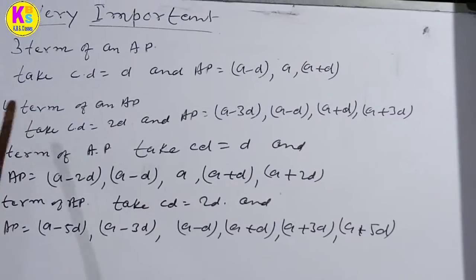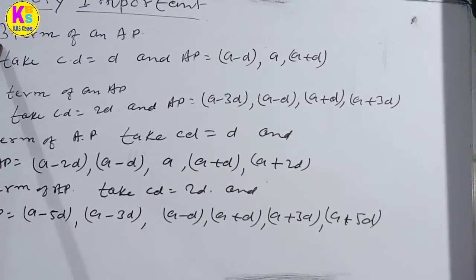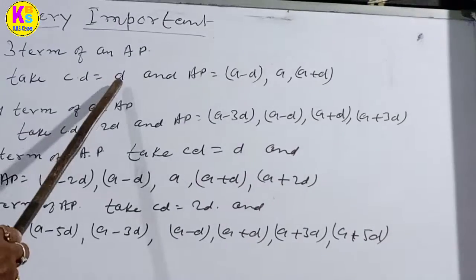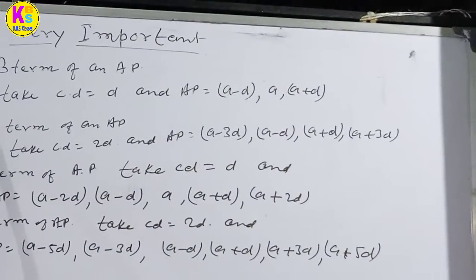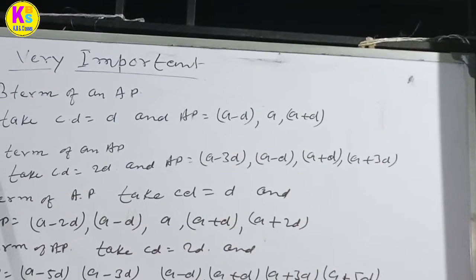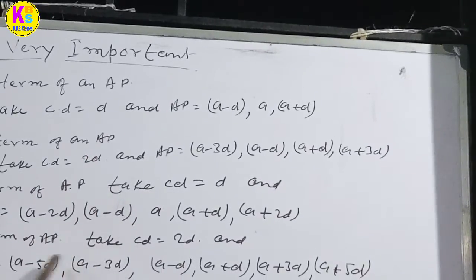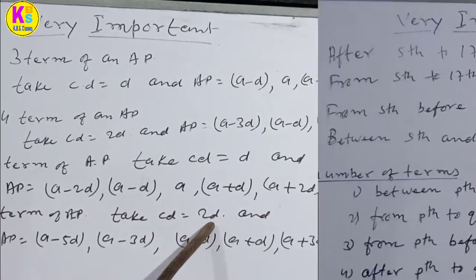So you are seeing that when the number of terms is odd, 3 or 5, you take the common difference as D. But when the number of terms is even, 4 or 6, which common difference do you take? 2D.